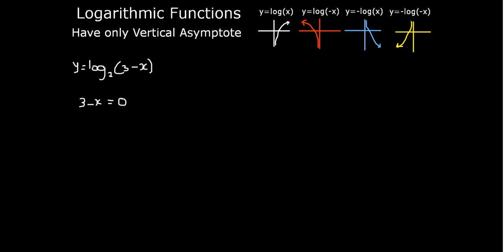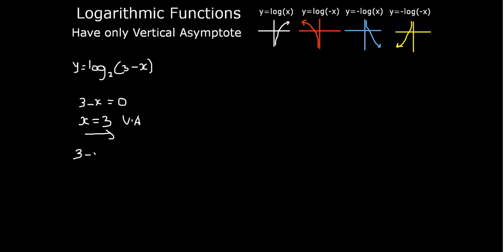I think it's clear. Now our x equals 3, because I just took this x and put it on the other side, and it became positive. This point is our VA, our vertical asymptote.